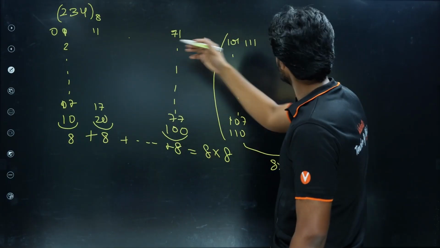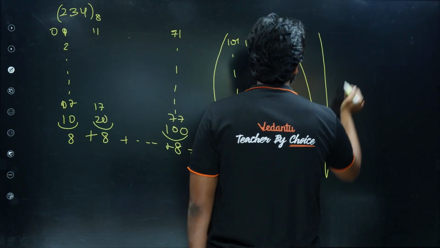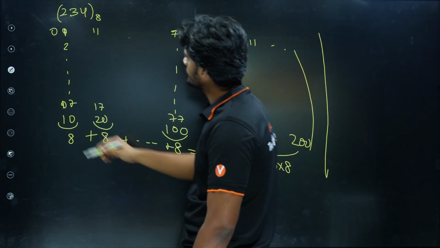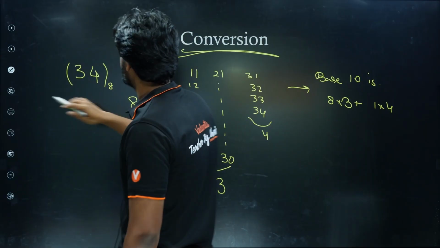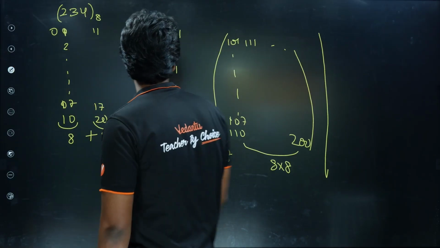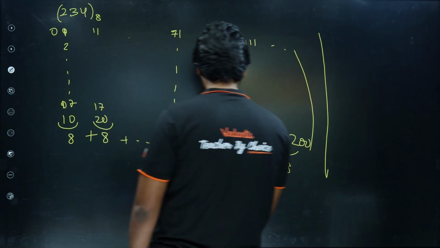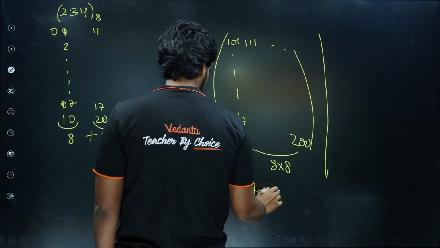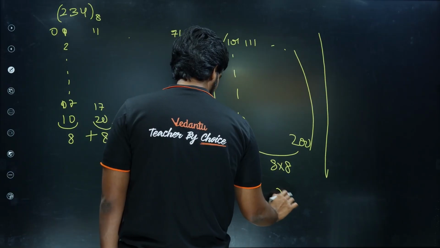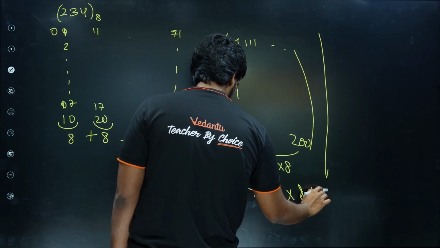Then what do we do? Then there is 34. Now the 34 is simple, as we did before. 34 is exactly as we did here, right? 34 is 8 into 3. So this is 2 times 8 squared plus 34 base 8, which is 3 into 8 plus 4.